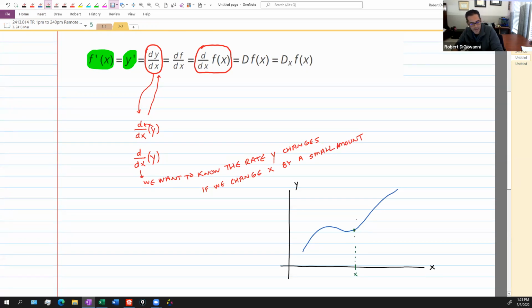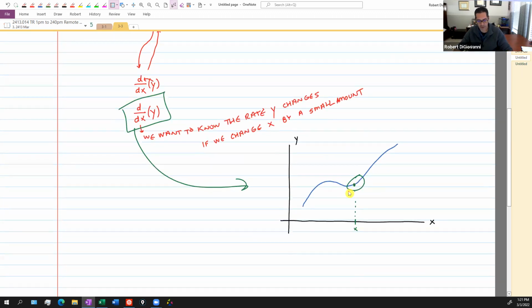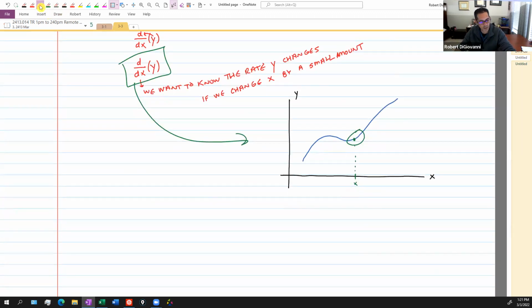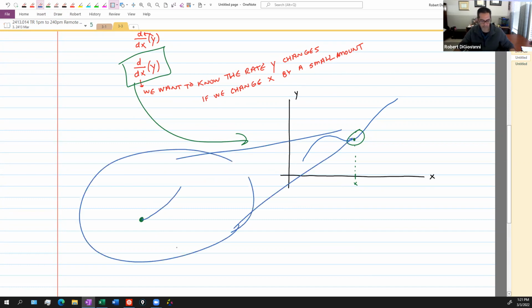What we mean by this, in this picture, is this. If we were to zoom in on that little section right there, we're going to have our green point, and our blue curve coming off the side like that, right? I'm just zooming in on that little piece right there.